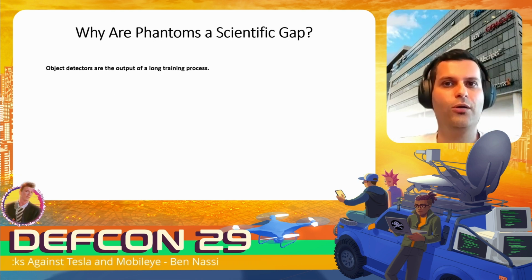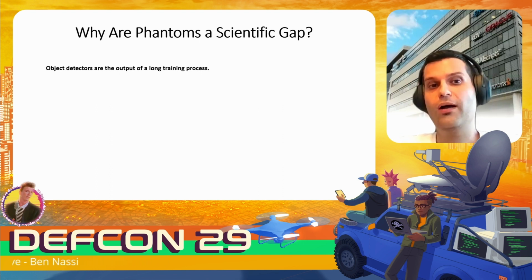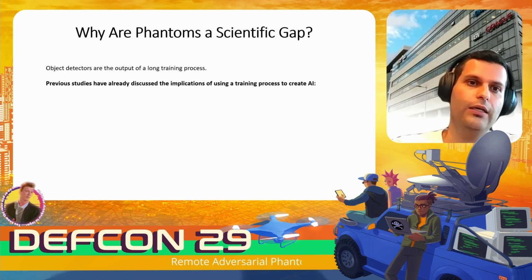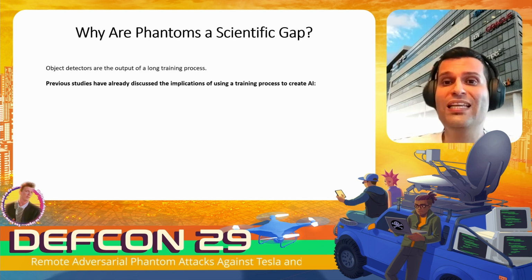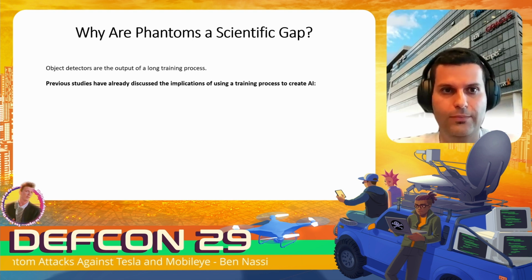So why are phantoms a scientific gap? Object detectors are basically the output of a long training process. Previous studies have already discussed the implications of using a training process to create artificial intelligence.